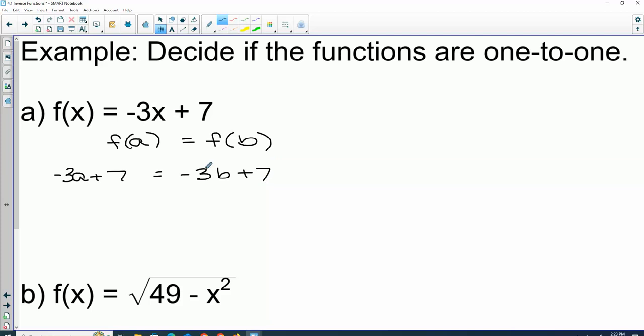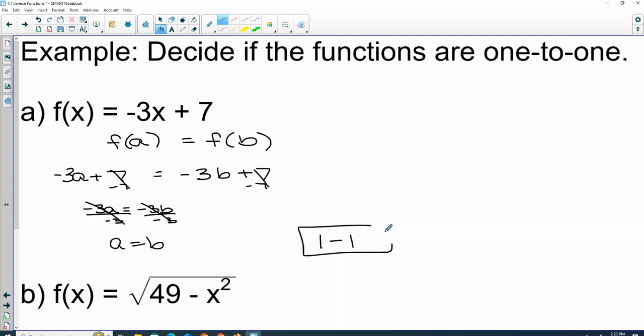Now I'm just going to solve for a. So if I want my a by itself, I can subtract my 7. Divide by -3. And I get a equals b. So is this one-to-one? Yes. I found that the only way that I could get the same y value out was if I put in the same x's to start with.